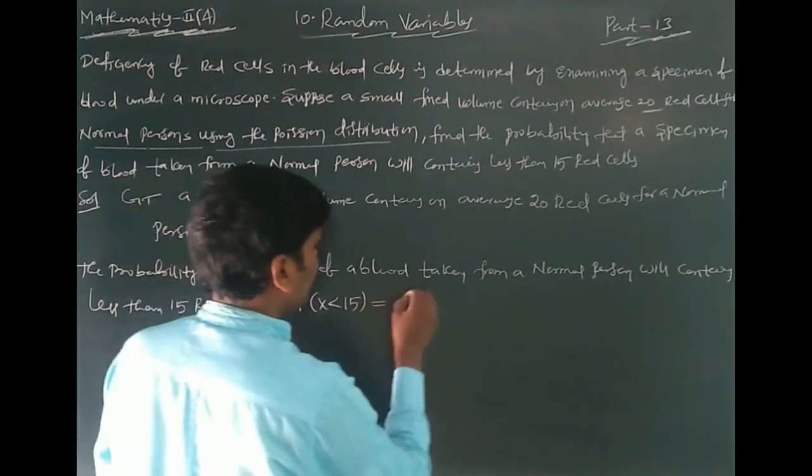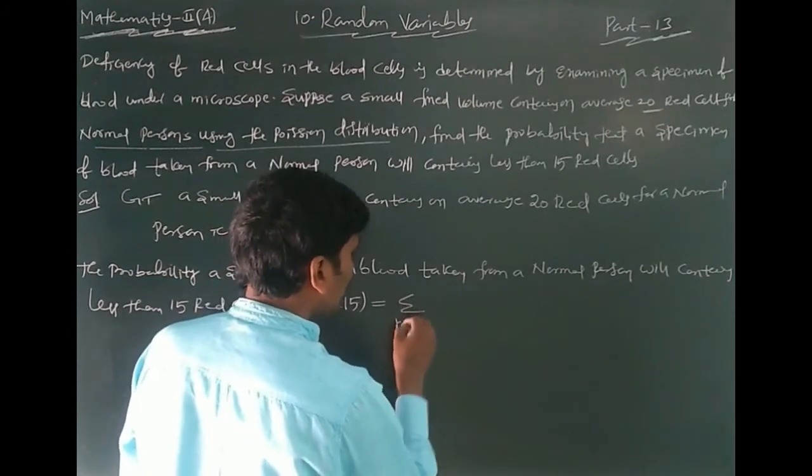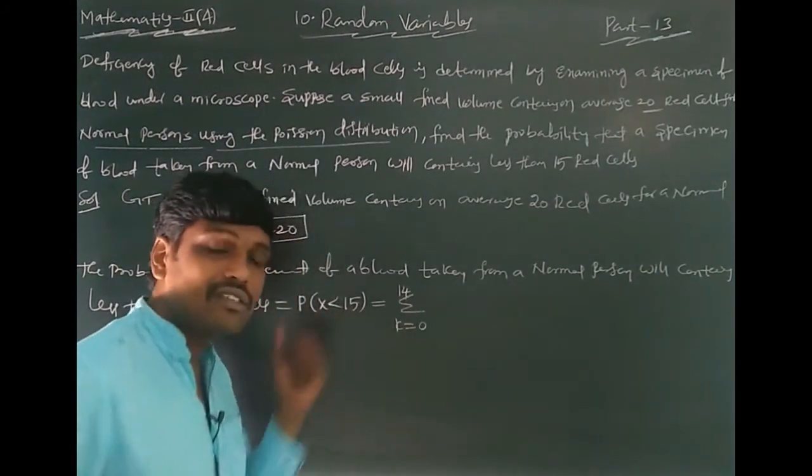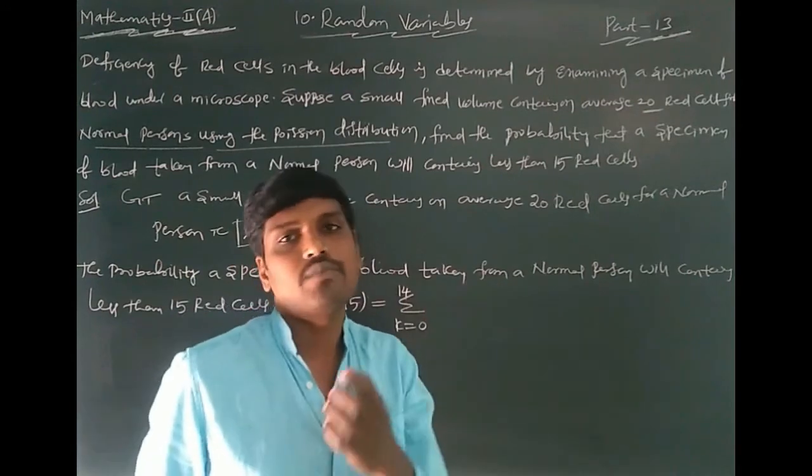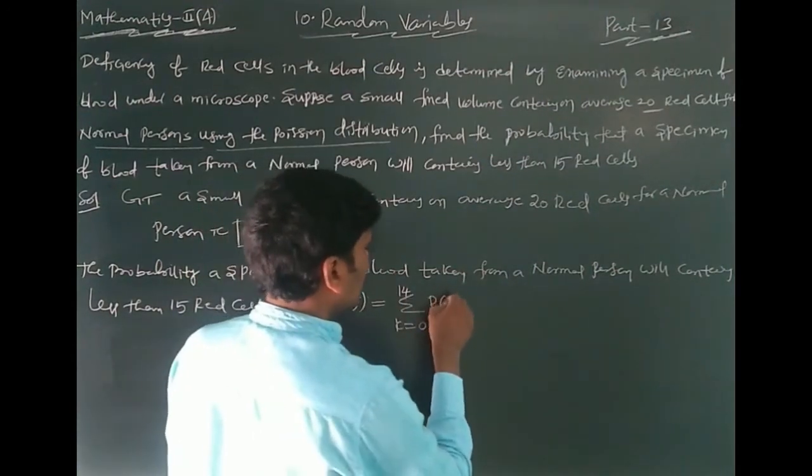This can be written as summation of k equal to 0 to 14. Less than 15 is nothing but 0 to 14. Understood or not? P of x is equal to k.